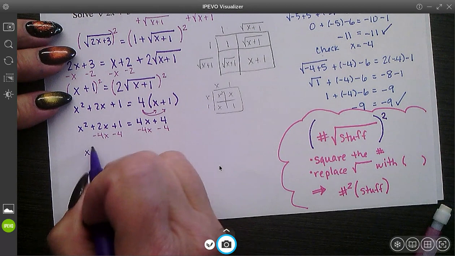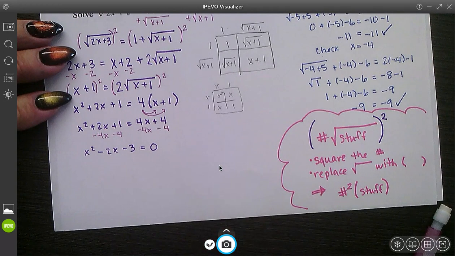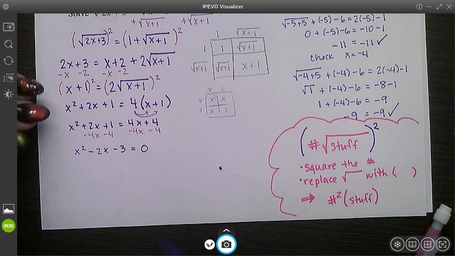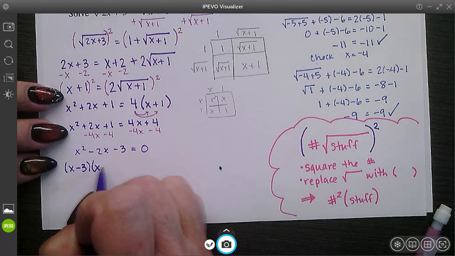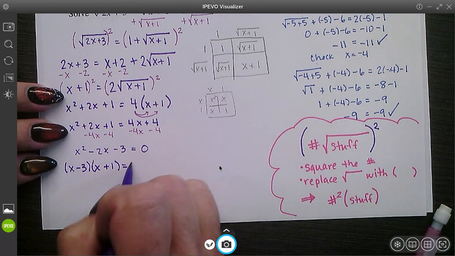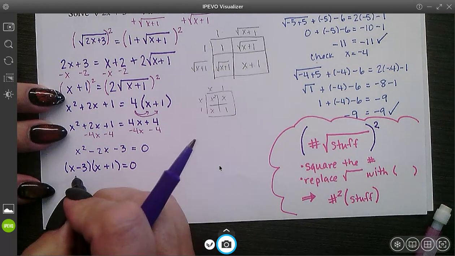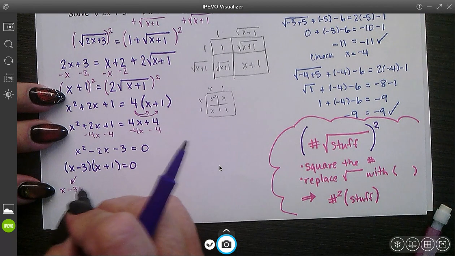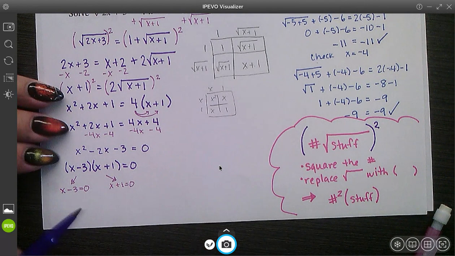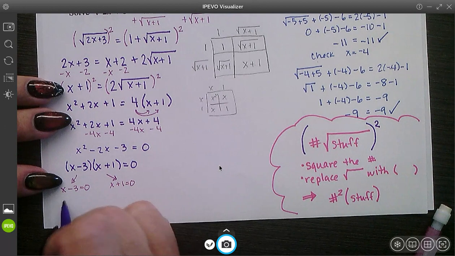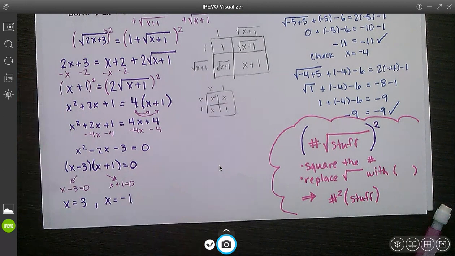So I get x squared minus 2x minus 3 equals 0. This factors. If you box factor it, we get x minus 3 times x plus 1. And then if you set each of those parentheses equal to 0, we get 2 potential solutions, x equals 3 or x equals -1.